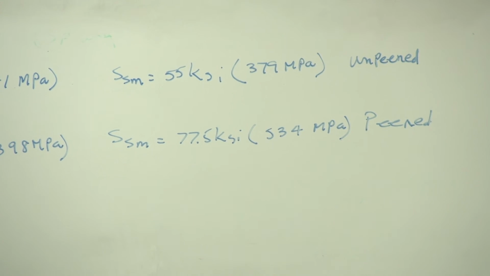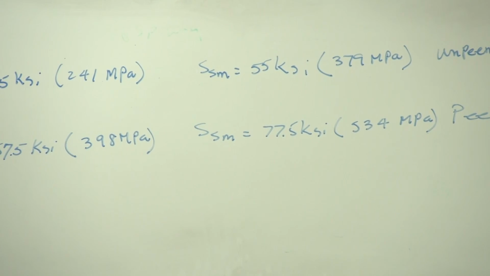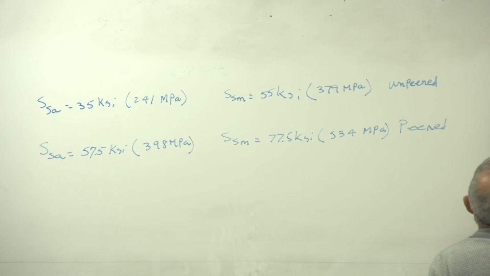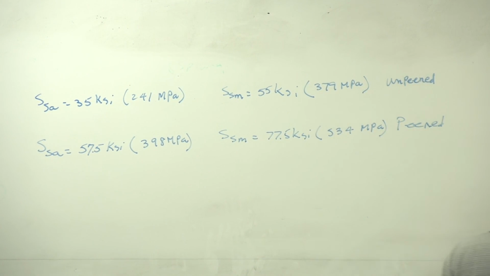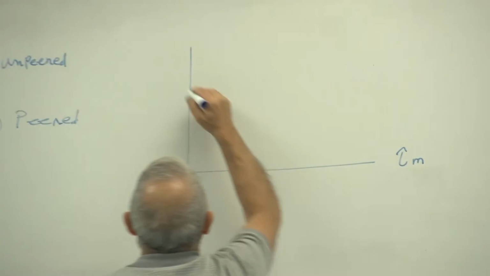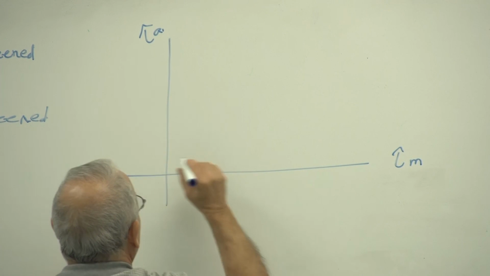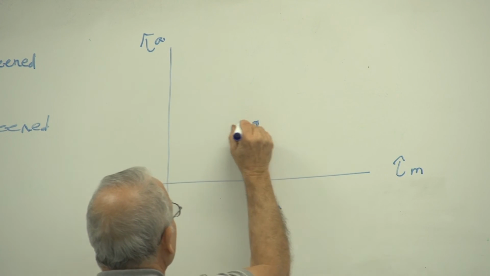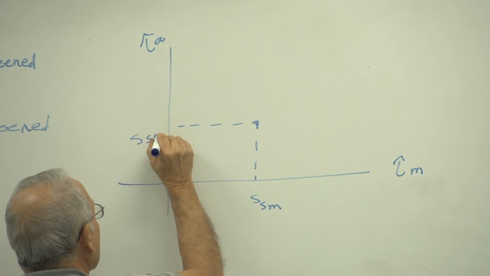You use either Goodman or Gerber. So this is what they give you. This is tau M. This is tau A. They give you this point, which is SSM and SSA.